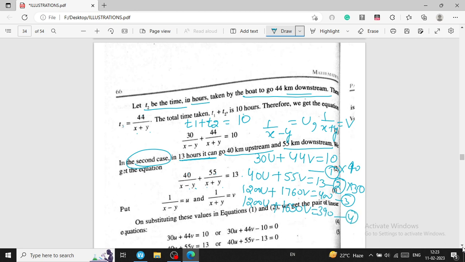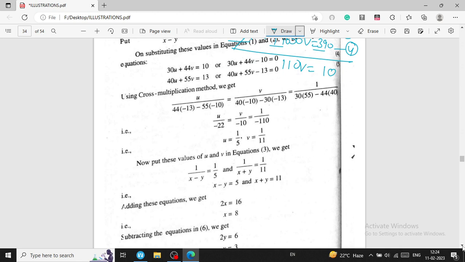That is the fourth equation. Subtract the fourth equation from the third equation. We find 0, 6 minus 5 is 1, 7 minus 6 is 1, so 110v is equal to 10. We find v is equal to 10 by 110. Cancel the 0 with 0, so v is 1 by 11.